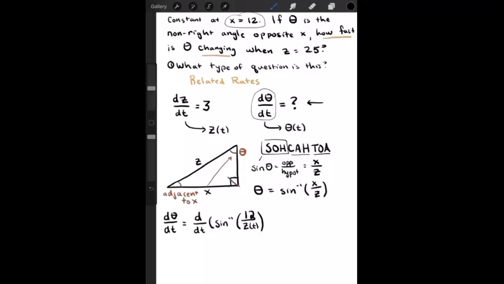Is this one we just know? Do we need to use a special rule for it? What are we going to do about this derivative?